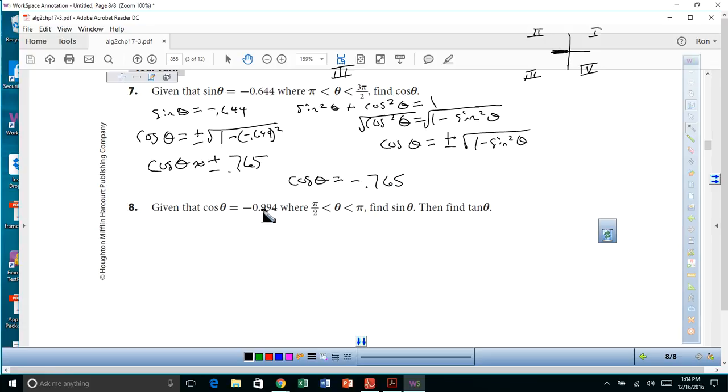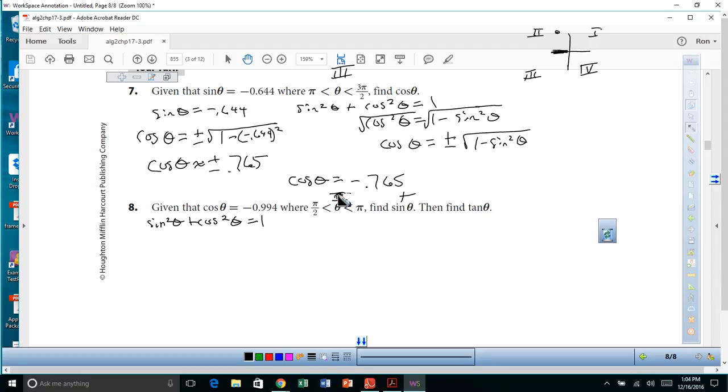Given that cosine theta is negative 0.994, and then we're between pi over 2 and pi, so that's going to be quadrant 2. Find sine theta. Well, quadrant 2 up here, sine is positive, so it's going to be positive. Then find tangent. So we've got sine squared theta plus cosine squared theta equals 1.